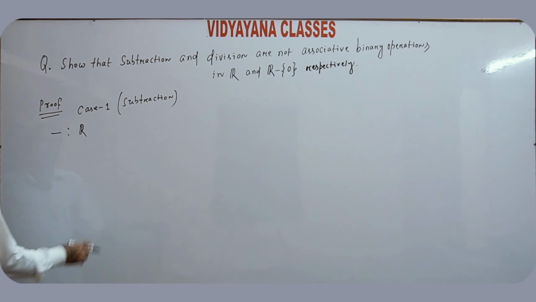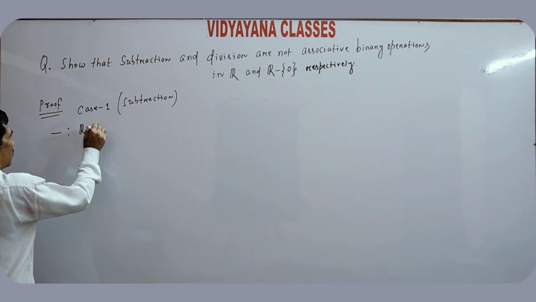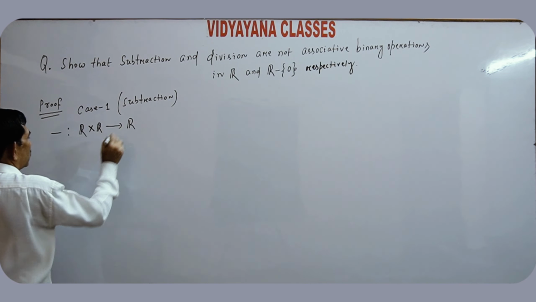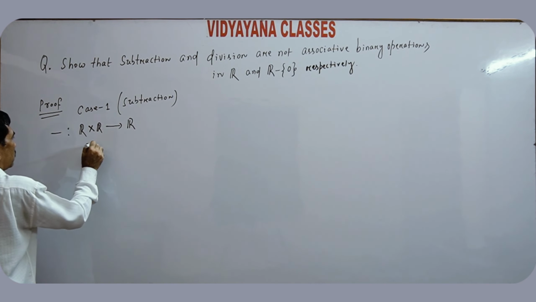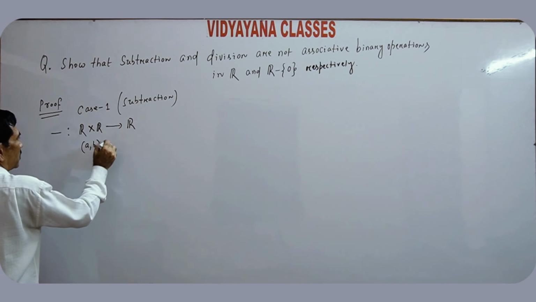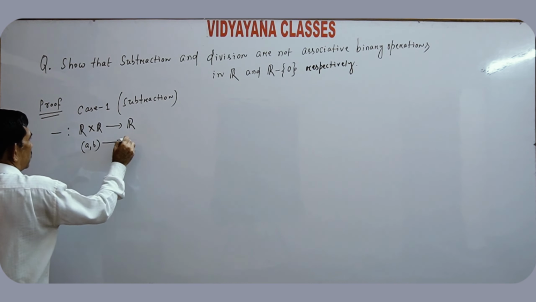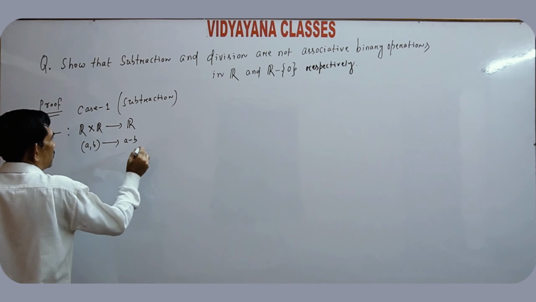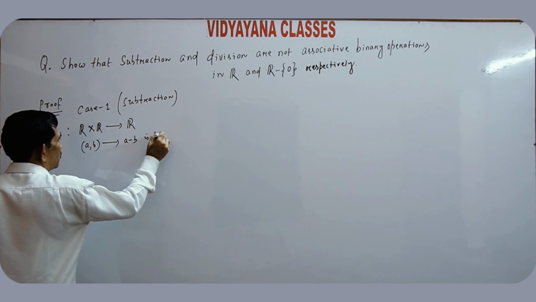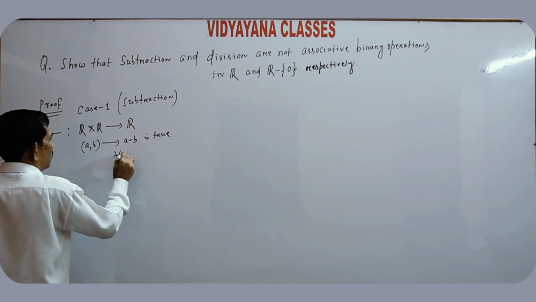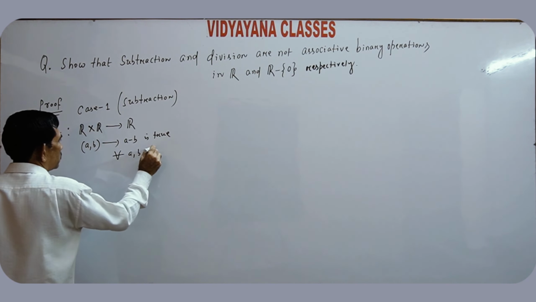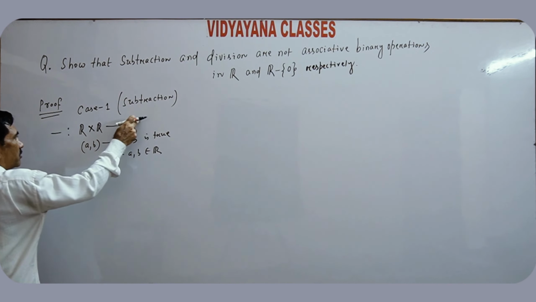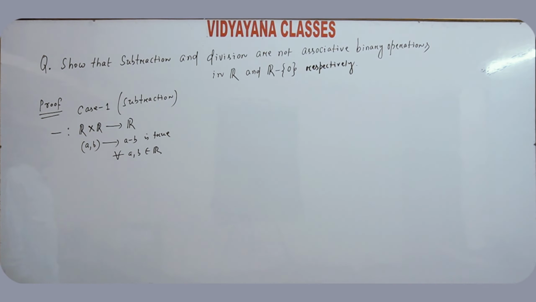So subtraction is a function from R cross R to R. The ordered pair (a, b) belongs to R cross R, a minus b is true for all a, b belonging to R. a minus b belongs to R is true always.